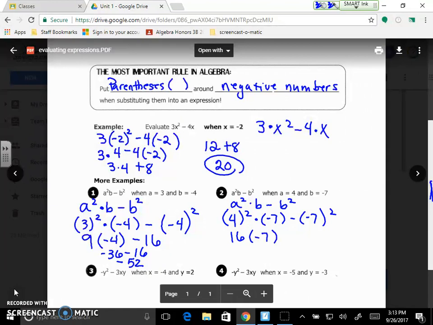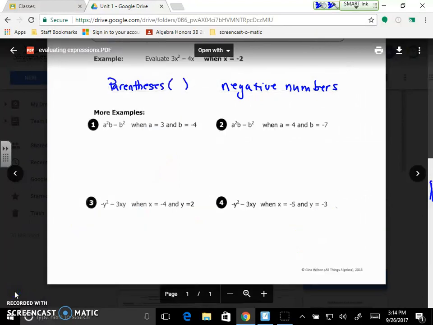Notice when two numbers are next to each other, it means multiplication. And minus, well, negative 7 squared is negative 7 times negative 7, which gives me a positive 49. Your negative sign comes down. Okay? So 16 times negative 7 is negative 112 minus 49 gives us a negative 161. Okay, now we're going to do the next one.